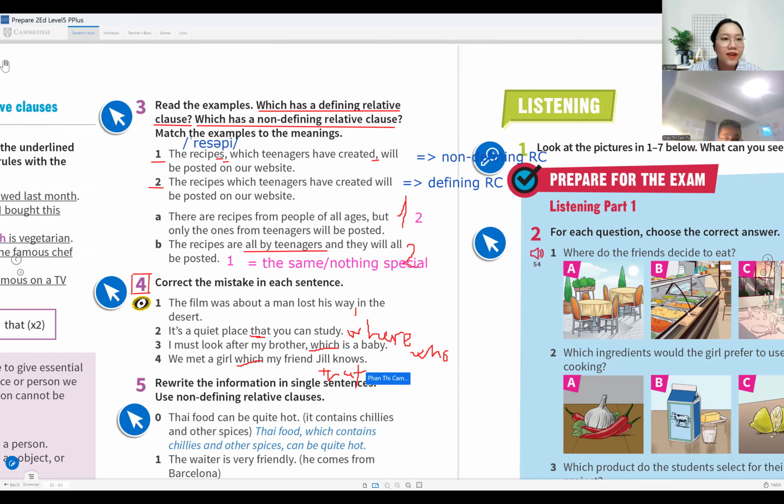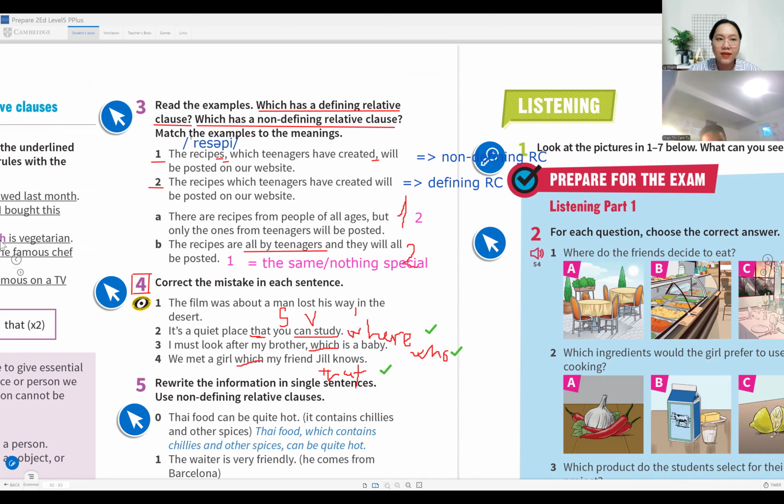Right, I agree with you. Number 2, where, because it is a place, right? Where, and then we just need an adverb. You is a subject, and study is a verb. We don't need any objects after all, so we should use where. The next one, who? Sure, brother, a person. And then a girl, that, or you can write who.